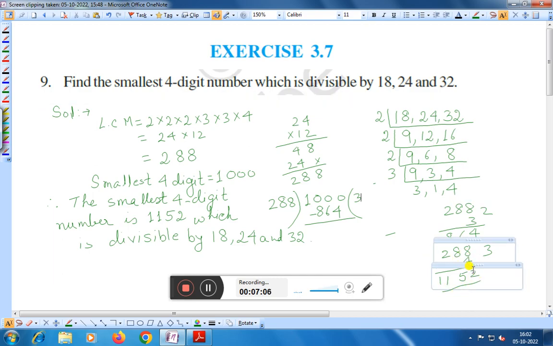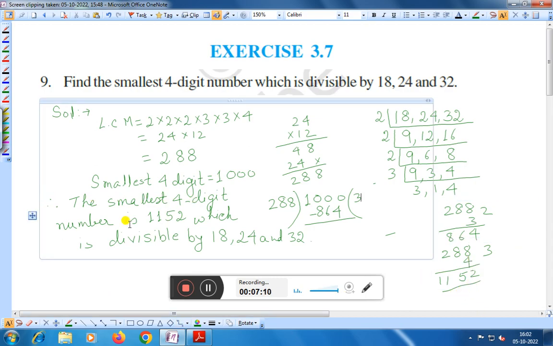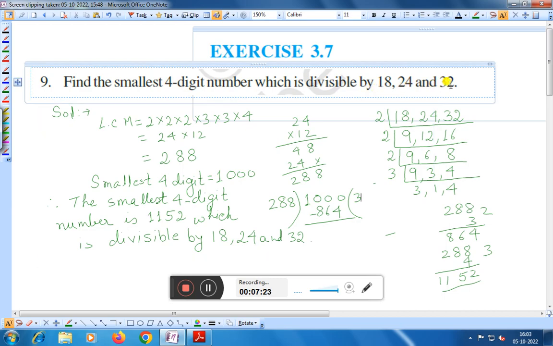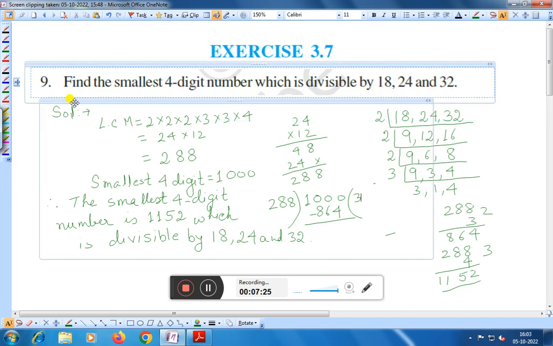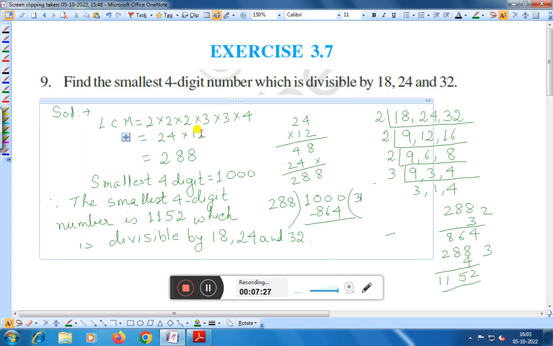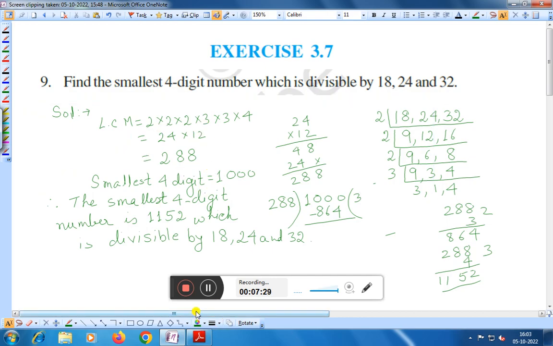This is a 4-digit number and it is also the smallest 4-digit number. Therefore, the smallest 4-digit number is 1152, which is divisible by 18, 24 and 32 and also by 288. That means we get a number 1152, which is divisible by 18, 24 and 32 and also by the LCM of the numbers, that is 288. This is the solution of question number 9.